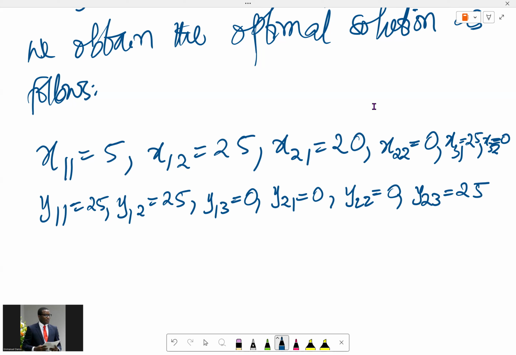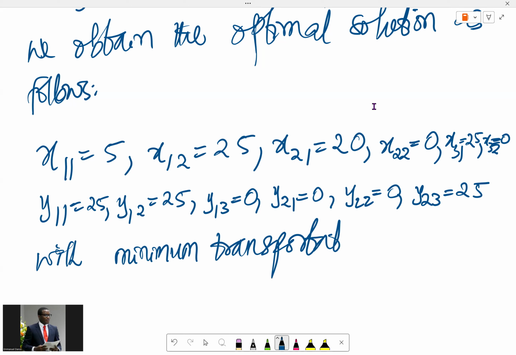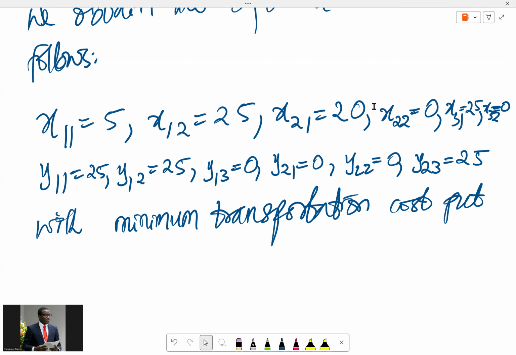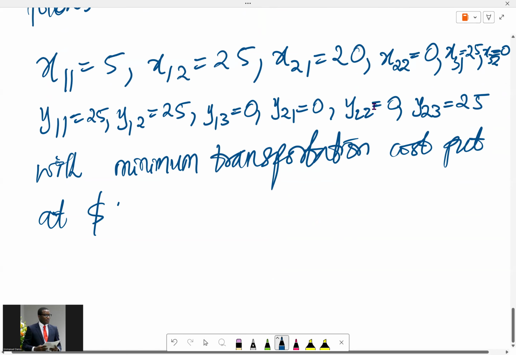Okay, let me conclude with the minimum transportation cost put at $435.